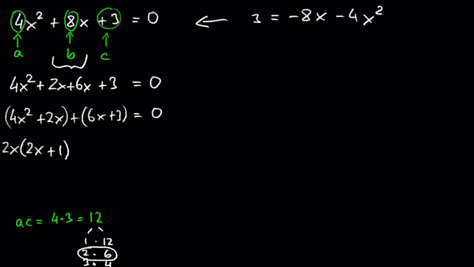What about the next two terms? What do these two terms in the second parentheses have in common? The 3. So we can write 3 times (2x + 1). So the whole purpose of factoring by grouping is to get two expressions that are exactly the same.